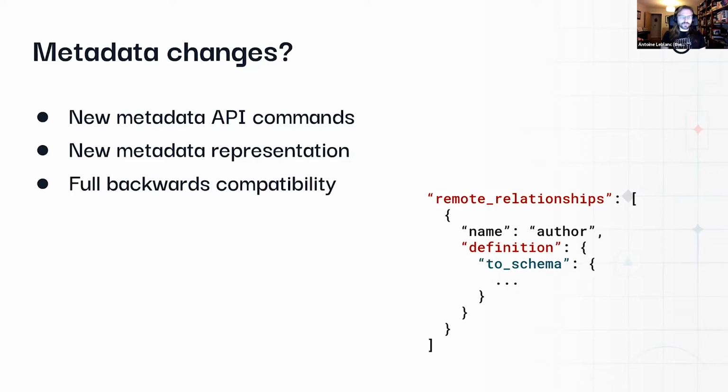However, we will also introduce a new format, both for the metadata blob itself and for the new metadata API commands that we're going to introduce, that will allow a more unified representation of the different kinds of relationship, where regardless of what the left-hand side is, a source or a remote schema, we always define, as here in the example, the relationship as per the right-hand side, to a schema or to a source.